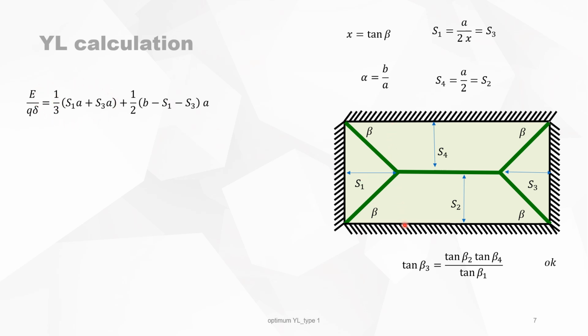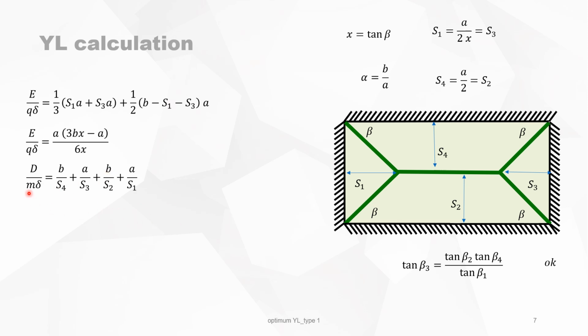What is left is a summation of rectangles. So the mean deflection is delta over 2. And the total surface is, of course, B minus S1 minus S3, which is the length of this piece, times A. So we can now, with those simplifications for this type of slab, fill in the different variables and we obtain this nice equation.